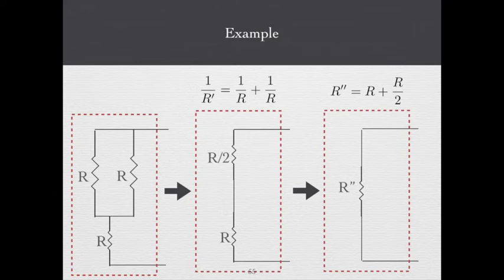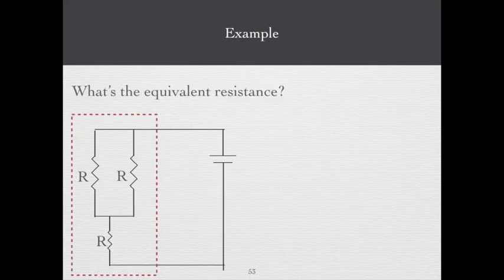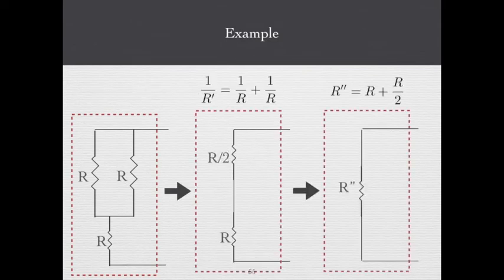So R double prime, which is the total effective resistance in this case, is nothing but R over 2 plus R. All right. So the answer for this question, what's the equivalent resistance in this case, is going to be R plus R over 2.